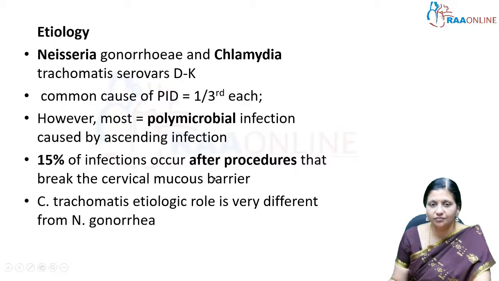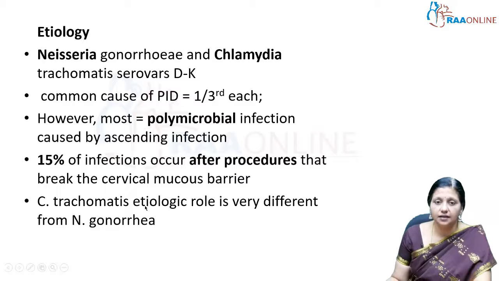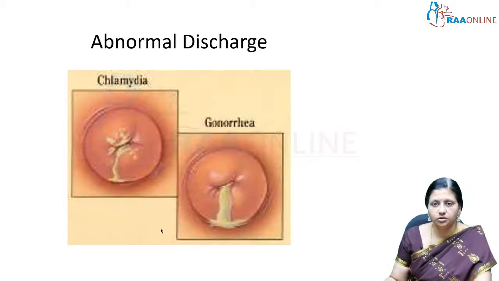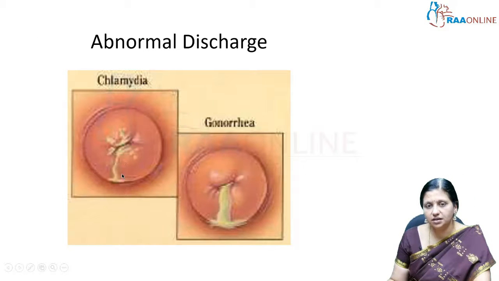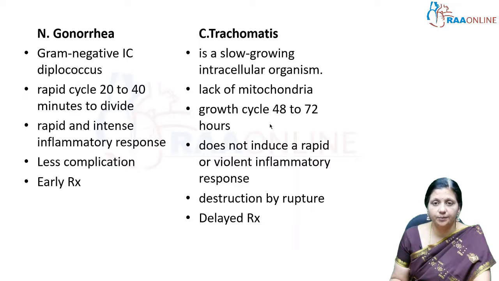This can happen after procedures which break the cervical mucous barrier like D and C and cervical dilatation. The etiological role of Chlamydia trachomatis is very different from Neisseria gonorrhoeae, which we will discuss now. Whenever there is a discharge coming through the cervix, we can think that it can be Chlamydia or gonorrhea, and the upper genital tract has been inflamed.